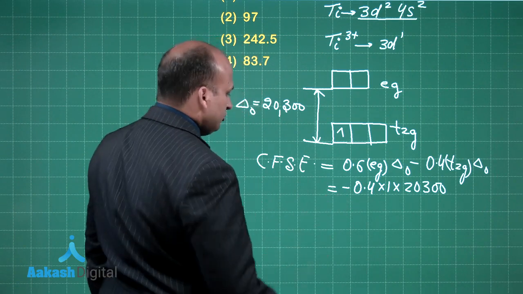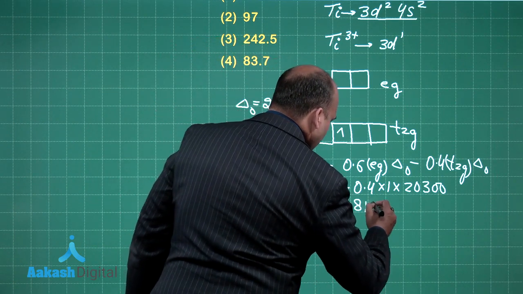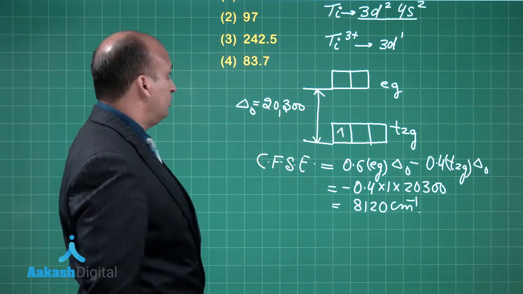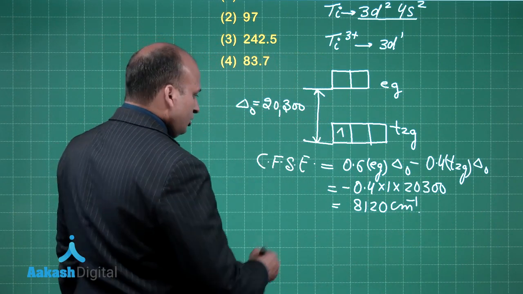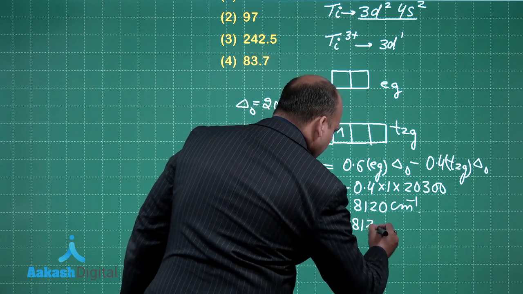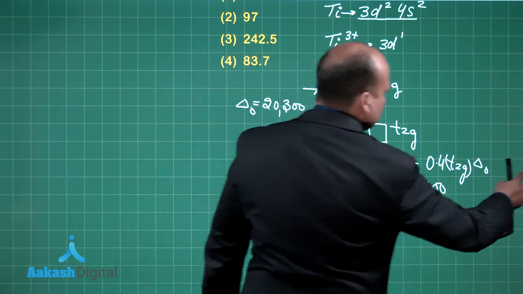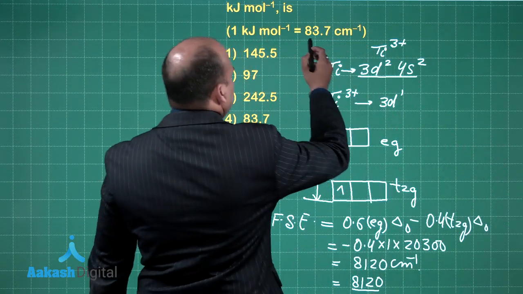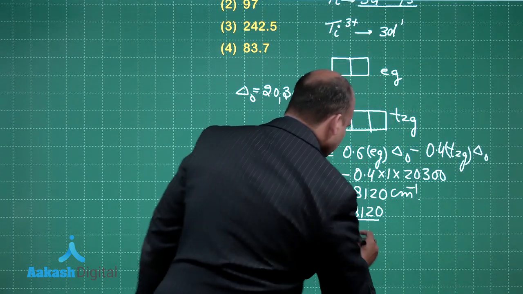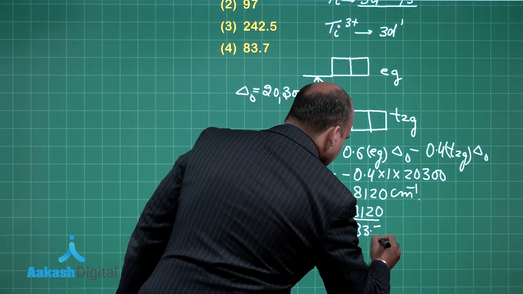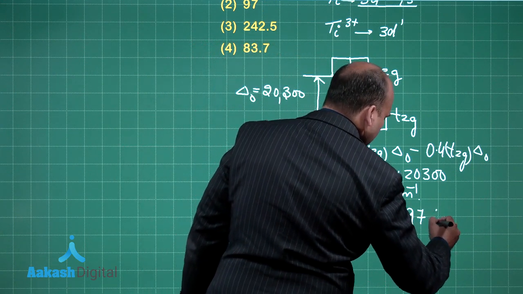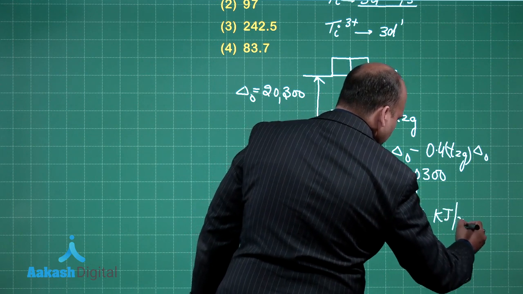So when you solve it out, you will be getting 8120 centimeter inverse. Okay, but we want the value in kilojoules. So how do you convert this value in kilojoules? You will divide this by the conversion factor, which is given to us: 83.7. So I divide this by 83.7, and on solving I get the value as 97 kilojoule per mole.